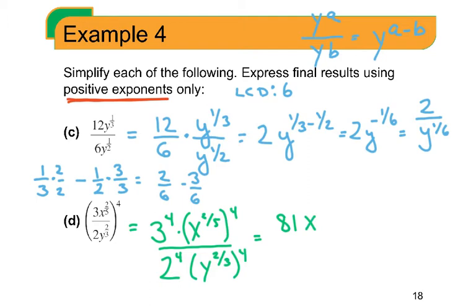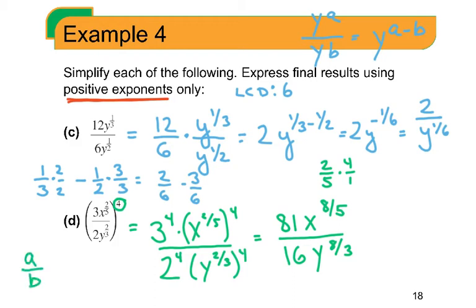X, well, now we're multiplying 2/5 times 4, so that will be 8/5. 2 to the 4th power is 16, and we have y to the 8/3. So it's just remembering how we deal with a quotient raised to a power. If you have a over b, let's say ac over bd to some power, it gets applied to every single term.